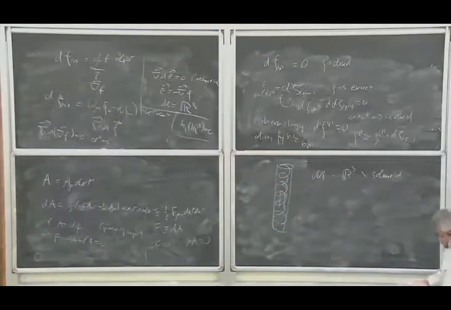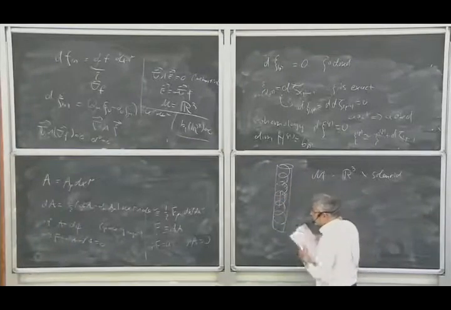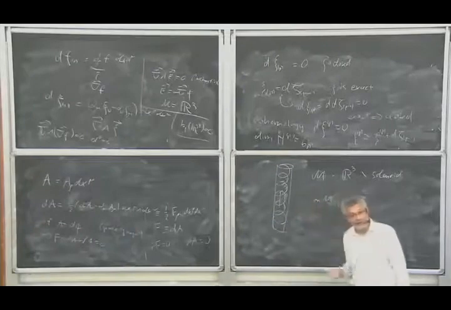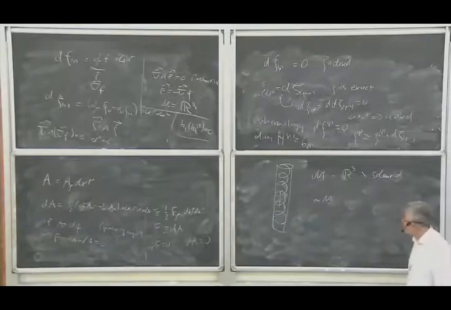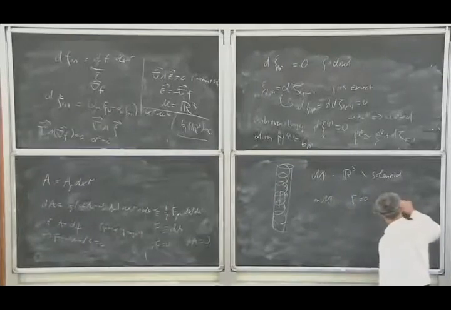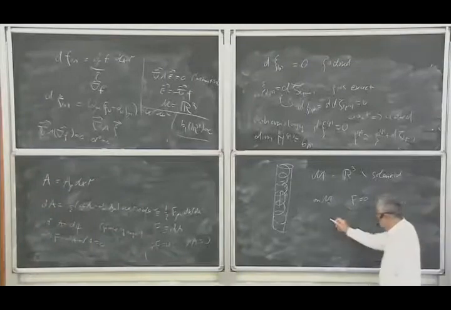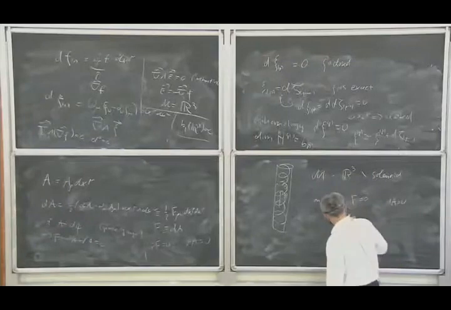Now, because there's no magnetic field outside, I know that on M, of course, I'm only looking at what's happening on my manifold M, F is 0. So dA is 0. So A is closed. Well, that's just written there.